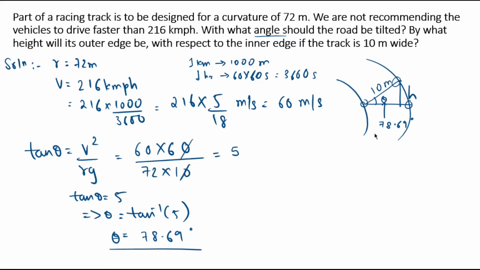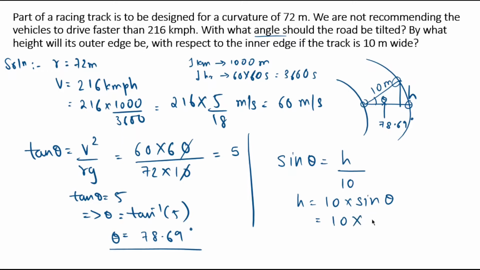Secondly, we need to find out the height of the outer edge with respect to inner edge, that is this distance. So we know sine theta will be opposite upon hypotenuse, that is h upon hypotenuse, which is 10 meters. H will be 10 into sine theta, and theta is 78.69 degrees.